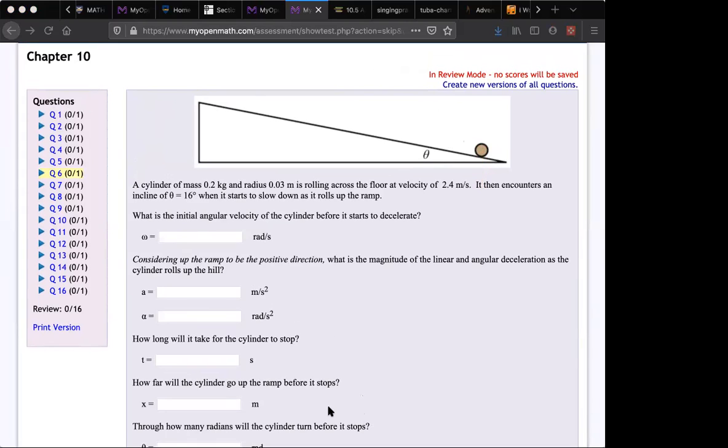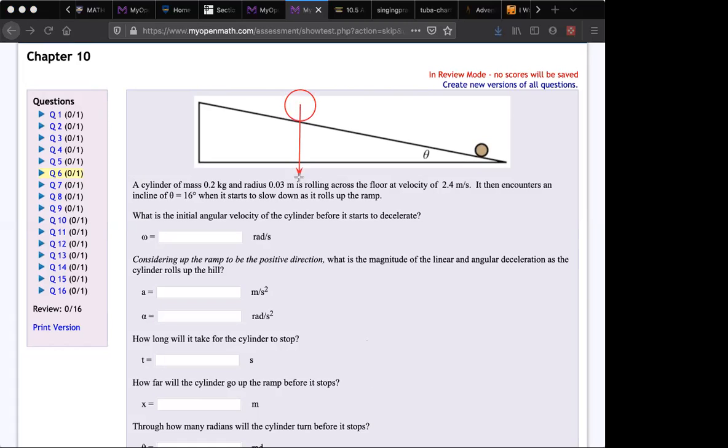Actually, I'm going to redraw this in a different place, a little bit bigger, to make it easier to see what we're doing here. All right, so there we go. There it is when it's at the top of this thing. We have its weight, which pulls it down this way, right?